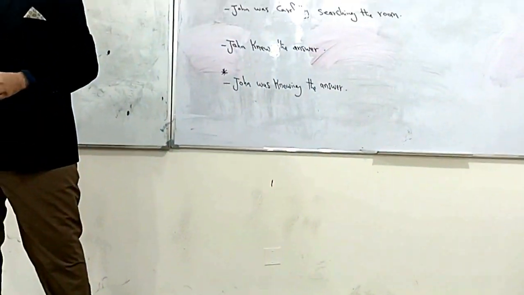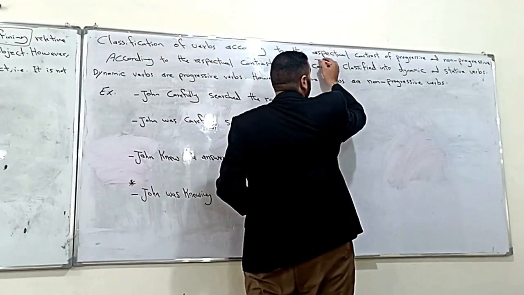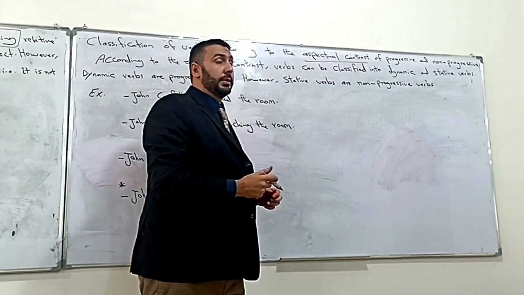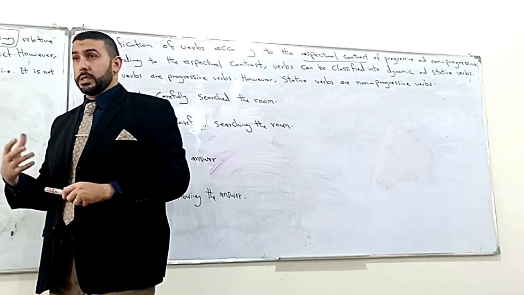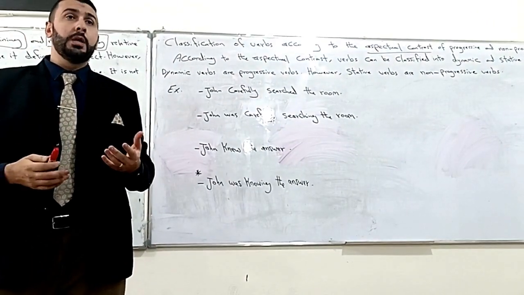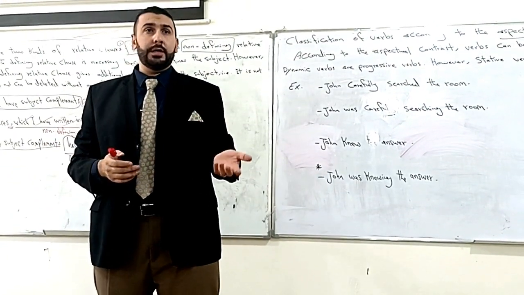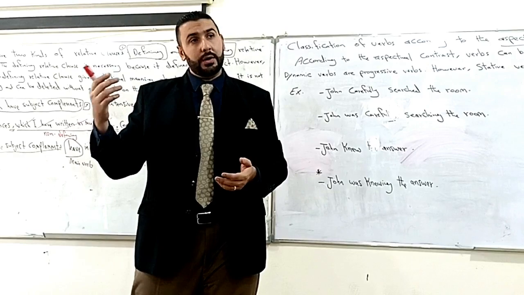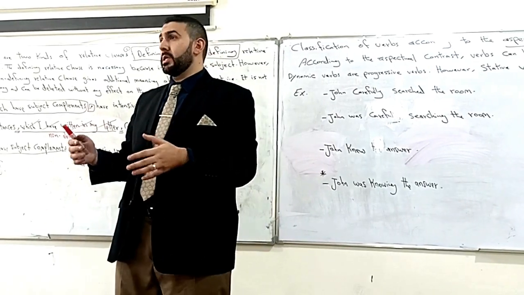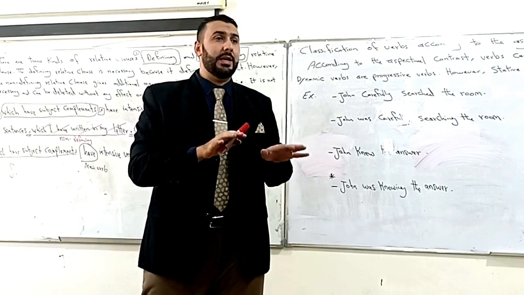The second topic is about the aspectual contrast. In grammar, we use the term aspect to differentiate between two kinds of verbs, whether they are dynamic or stative, whether there is an action in the verb or the verb is stative.